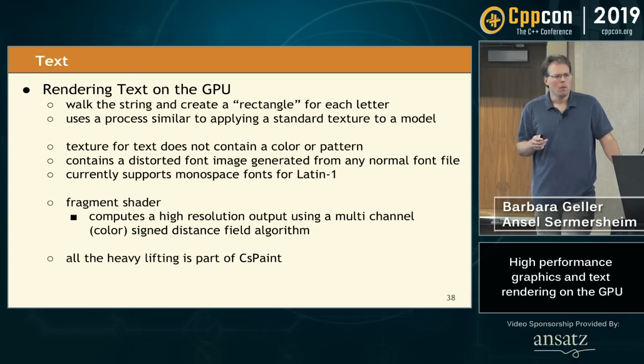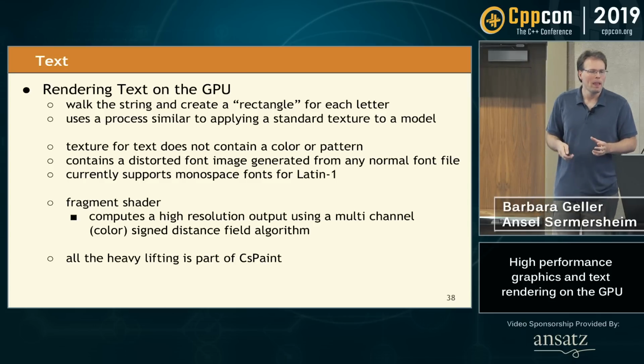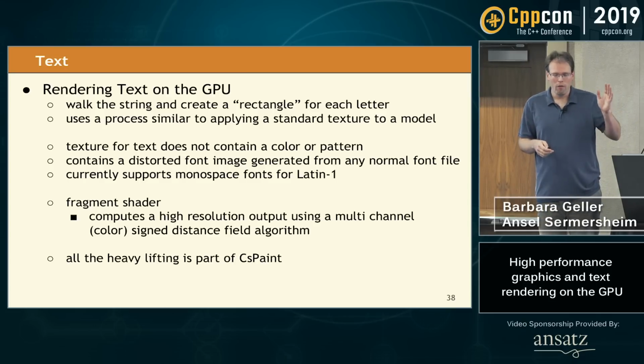And the answer is potentially, but not necessarily, because the amount of information that's required to do that is large, and you are generating a lot of vertices. And that's potentially slower, because GPUs are very, very good at texture mapping. It's very efficient. So there are trade-offs there, but it is far more complex to do.